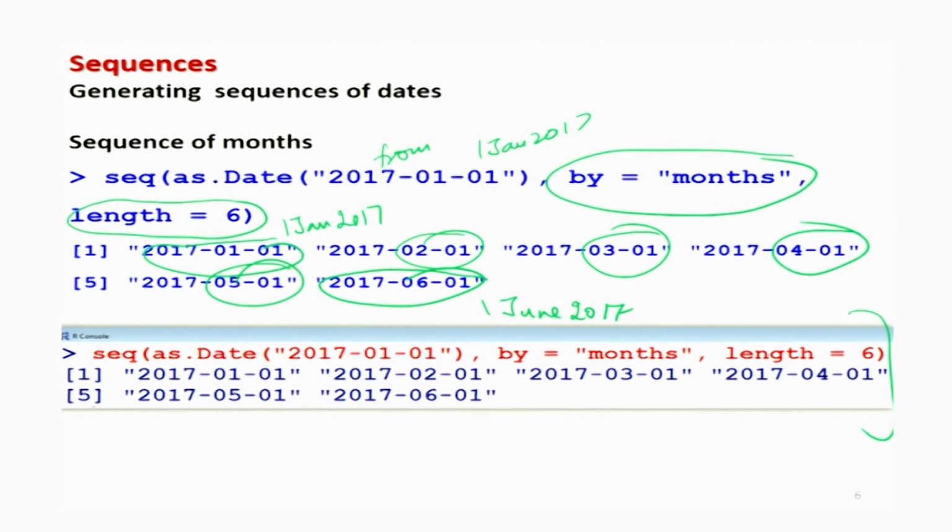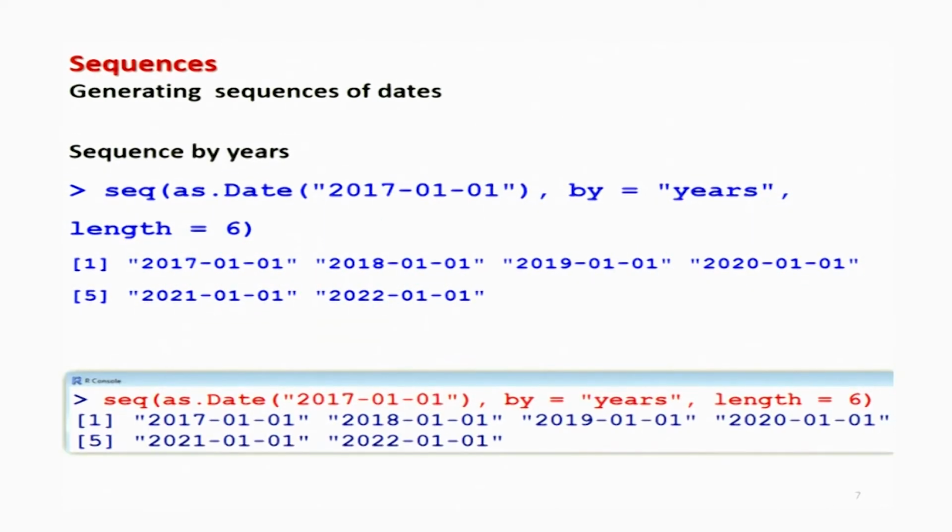The only thing you have to understand is how you are going to input the value of the dates, and after that how you are going to use the different options for by. Similarly, in the same example, suppose instead of monthly dates I want annual dates, starting from 1st January 2017, and I want to generate 6 dates.